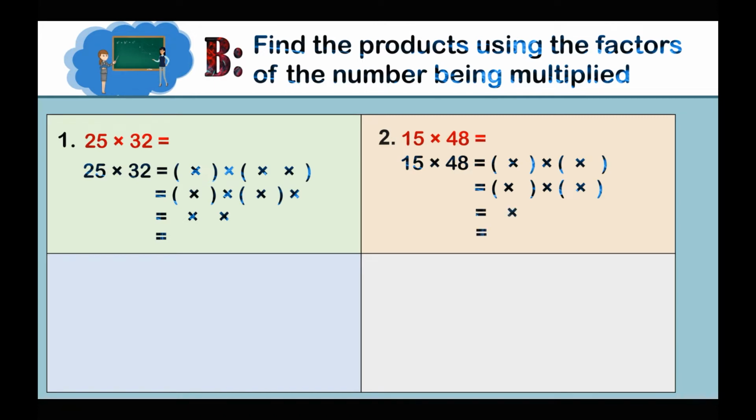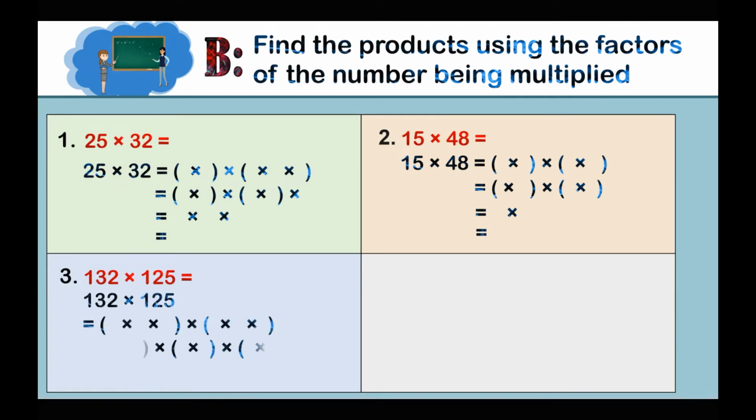And number 3, 132 multiplied by 125, using the factors of 132 and the factors of 125. Let's multiply all of the factors to arrive at the answer.